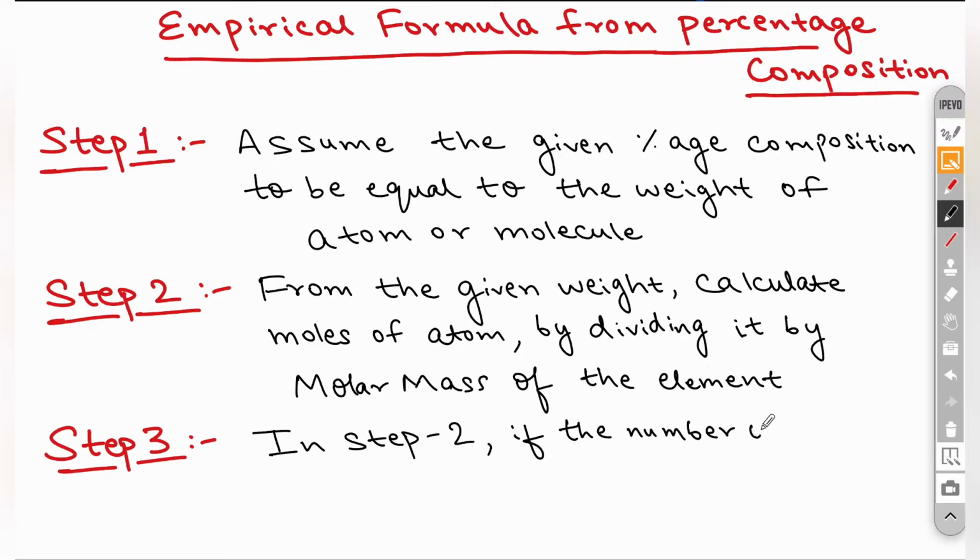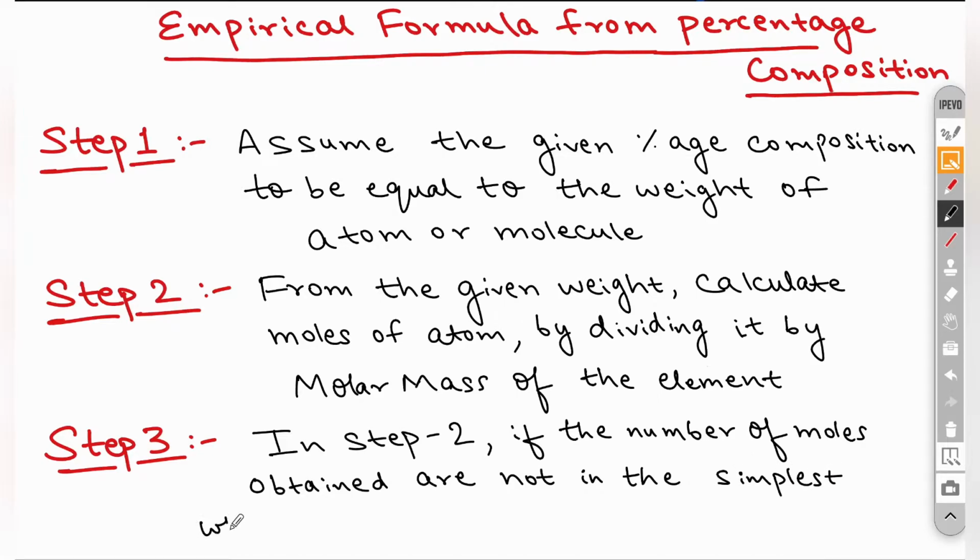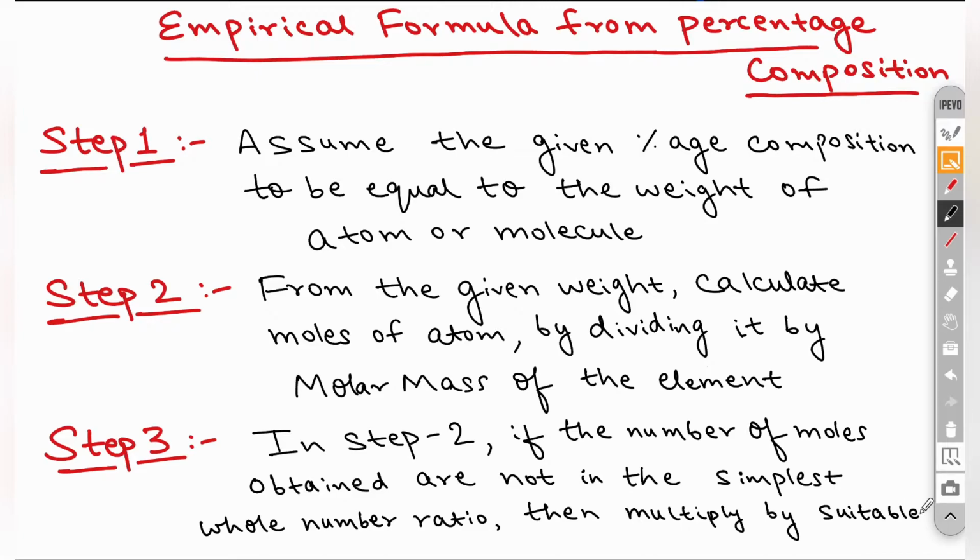In step 2, if the number of moles obtained are not in the simplest whole number ratio, then multiply by a suitable factor to obtain the simplest ratio.